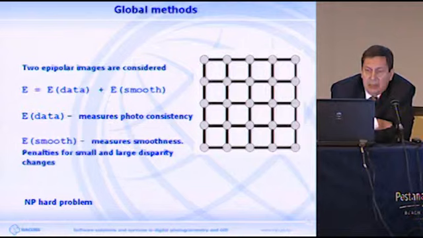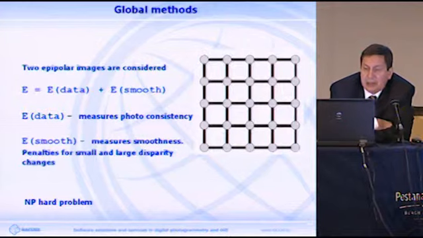How do photogrammetrists tackle this problem, and mathematicians too? They decided let's try to come up with a global method. We will have energy that comes from two parts.